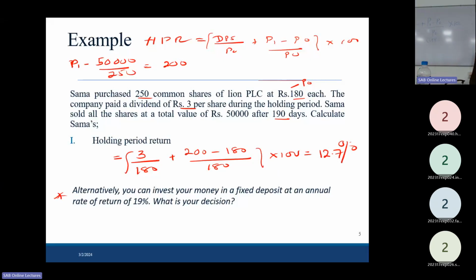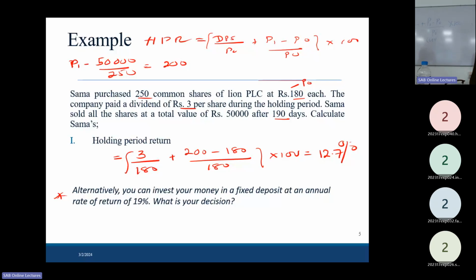Alternatively, suppose that Sama can invest her money in a fixed deposit at an annual rate of return of 19%. Rather than investing in this particular company, she can invest in a fixed deposit at 19% interest per annum. What is the decision? Suppose you are Sama.